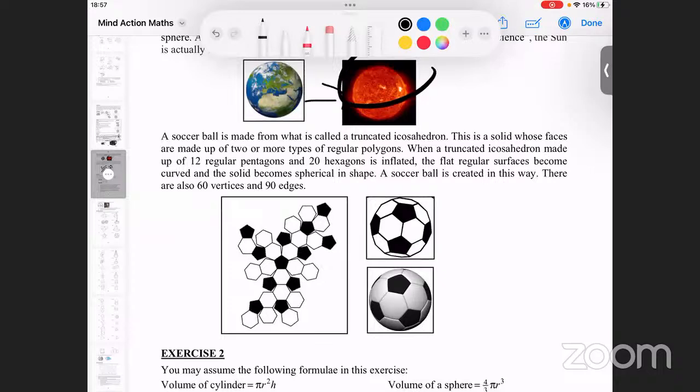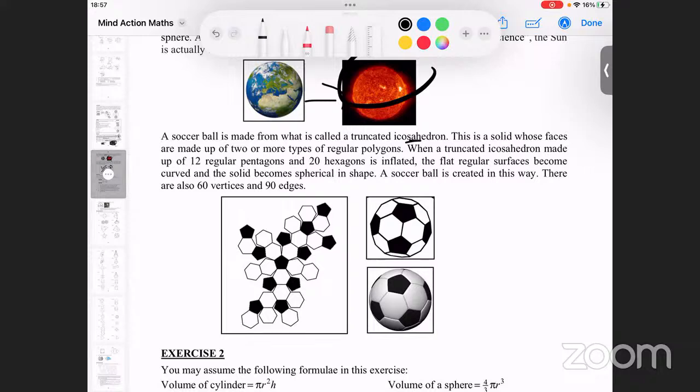What's this word, Zira? Is it isohedron? Man, I don't know how to pronounce it.